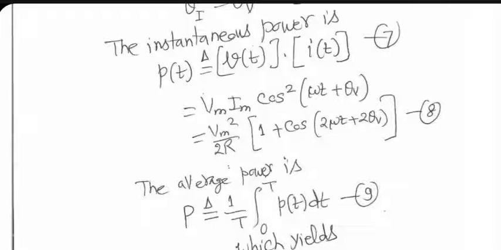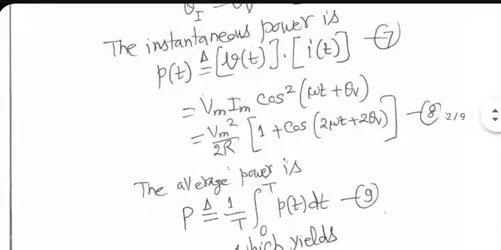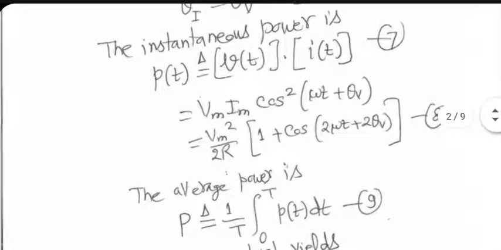Let's do this math. If you integrate the result on the right hand side of equation 8, forgetting the constant term for now, the first term is 1. You integrate it over capital T, you will get capital T. And that divided by capital T will give you 1. So the first term integrated will simply give you Vm square divided by 2R.